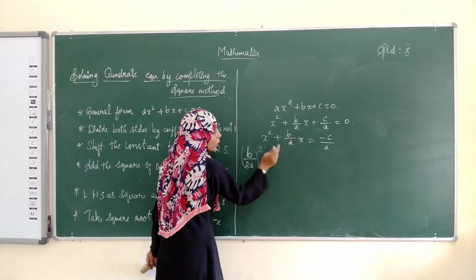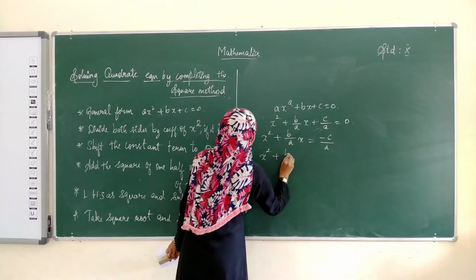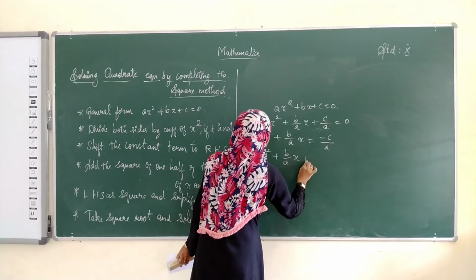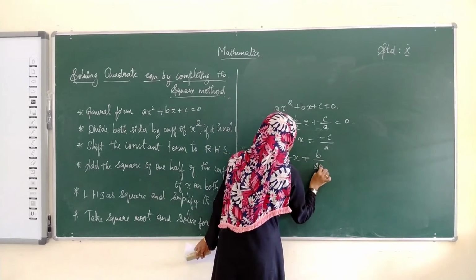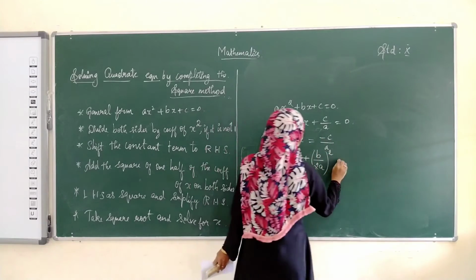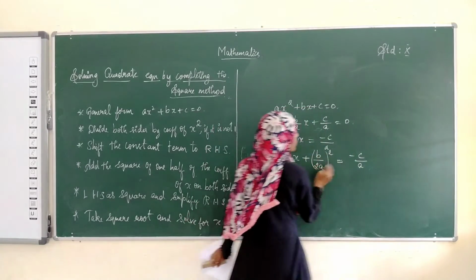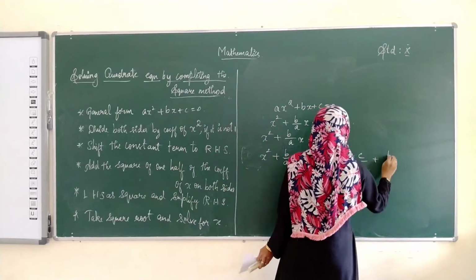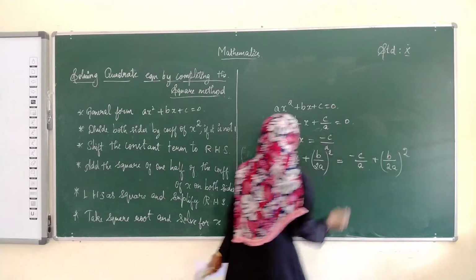We have to add this term on both sides of the equation. That is x square plus b divided by a into x plus b divided by 2a the whole square. This is equal to minus c divided by a, which is already there, plus b divided by 2a the whole square.